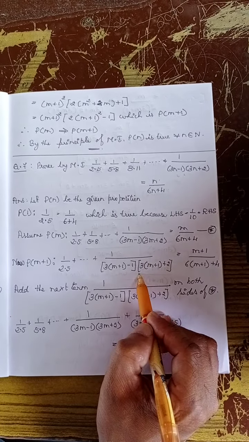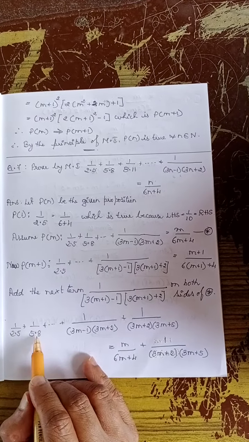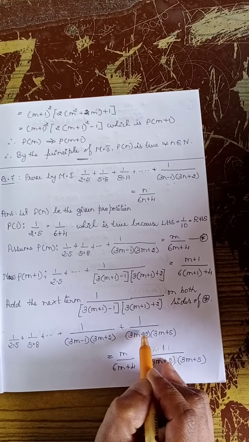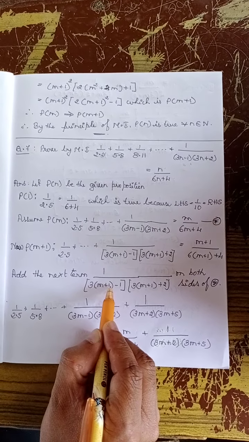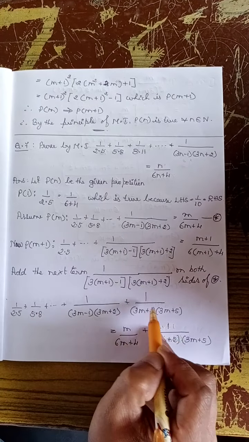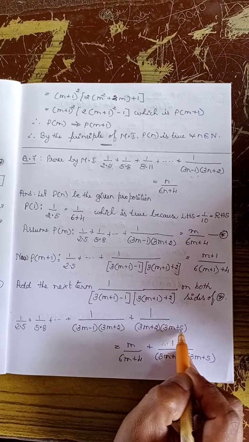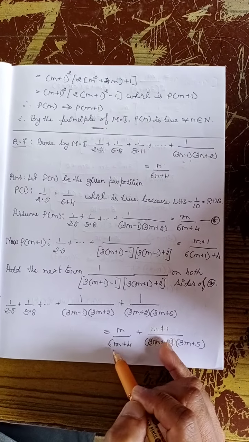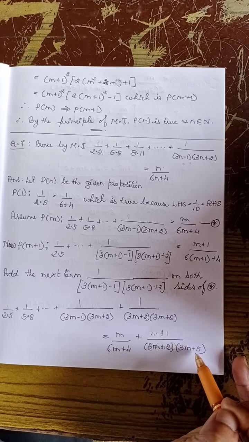Now add this next term to both sides of equation star, so that we get 1 by 2 into 5 plus 1 by 5 into 8 plus etc. plus 1 by 3m minus 1 into 3m plus 2 plus 1 by 3m plus 2 into 3m plus 5. We simplify the next term: 3 into m is 3m and 3 into 1 is 3, plus 3 minus 1 is plus 2, that is 3m plus 2, and here 3 into m plus 1 is 3m, 3 into 1 is 3 plus 2 is 5, that is 3m plus 5, which is equal to the right hand side of star, m by 6m plus 4 plus 1 by 3m plus 2 into 3m plus 5.